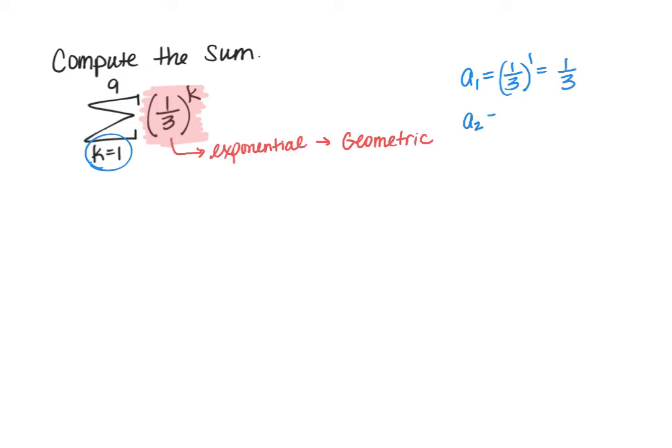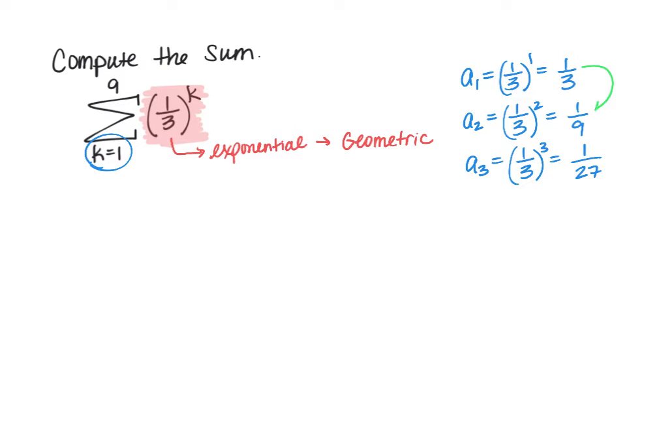So let's do that for the second term, and we will substitute in the next whole number, which would be 2. So 1/3 to the second power is 1/9. And I recommend doing it 3 times so that you get 3 terms, so that you can be really confident with the pattern here. 1/3 to the third power, remember you're just raising the numerator and the denominator to the third power, and that'll be 1/27.